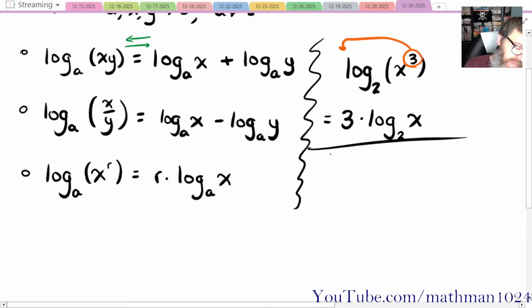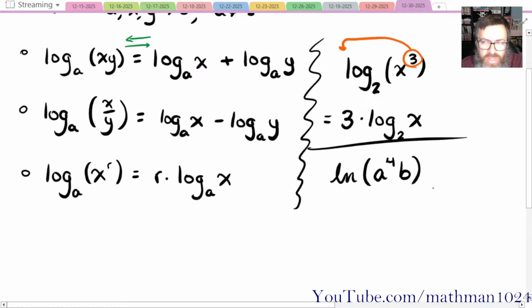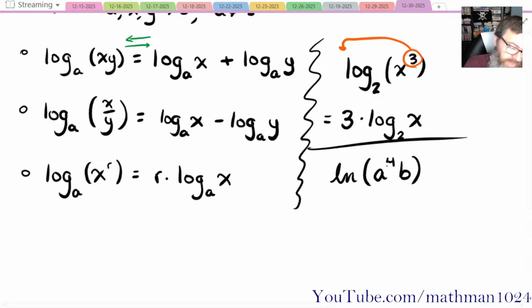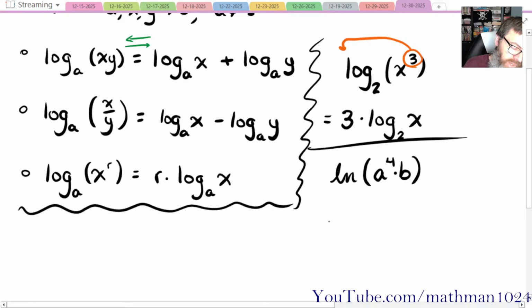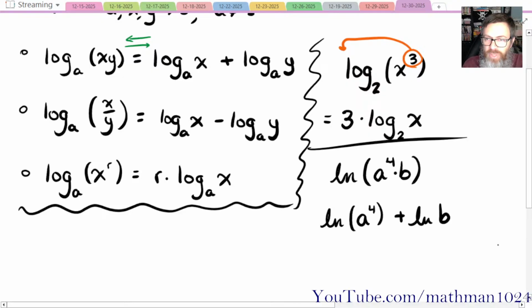Or if I have, let's say this, the natural log of a to the 4th times b. So I do see a power on the inside. However, I can't just bring that out in front of the log. I must first deal with the issue that I have a product on the inside. So this becomes the natural log of a to the fourth plus the natural log of b.